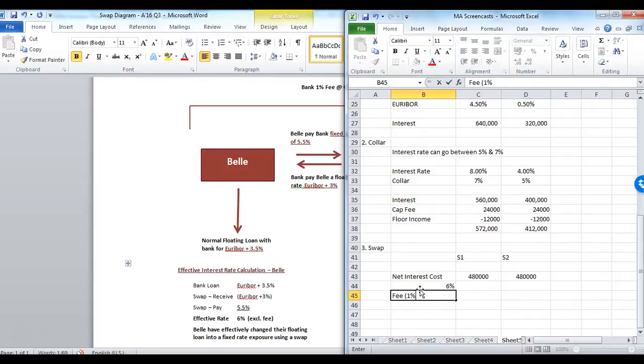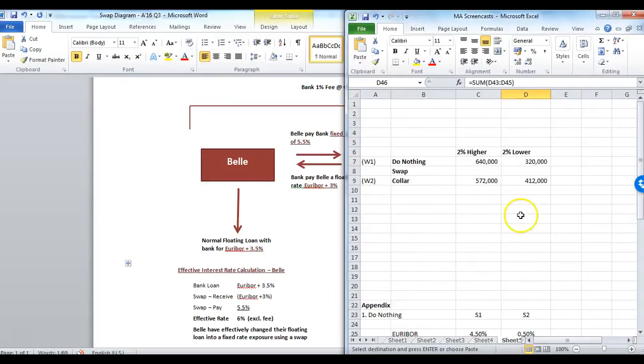So you have to include that because you have to compare the total cost for each option. So the fee there will be 8 million times 0.01. And of course the fee is the same for both scenarios. So overall the net cost will be 560 and 560. So giving you complete certainty as to what your interest rate cost will be. So just slot that in, 560 and 560. Reference there, working 3.